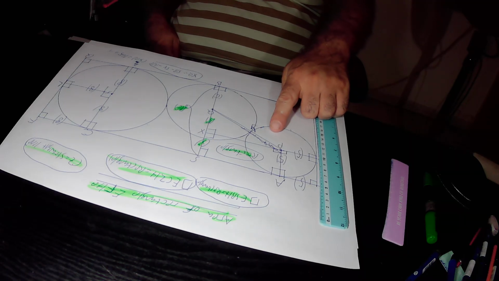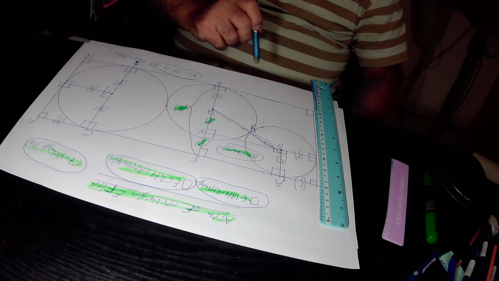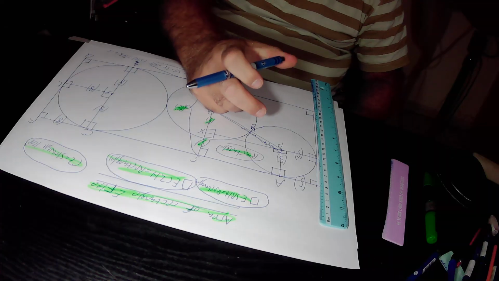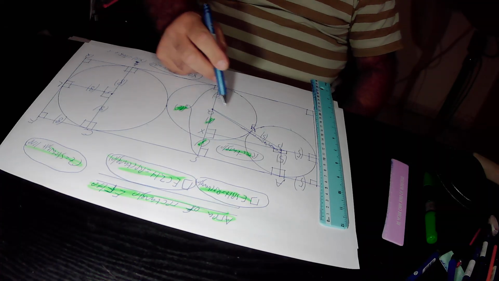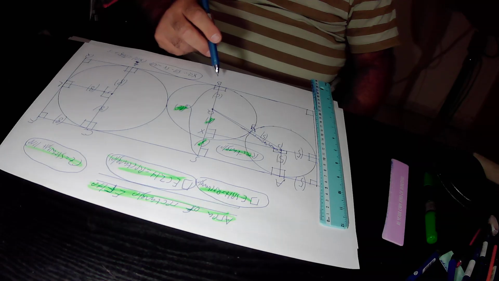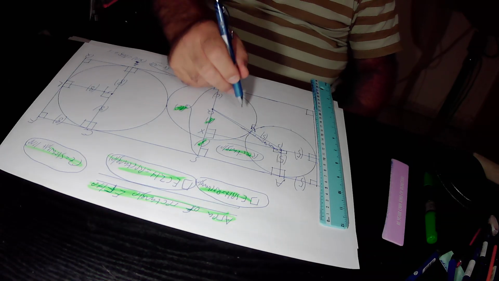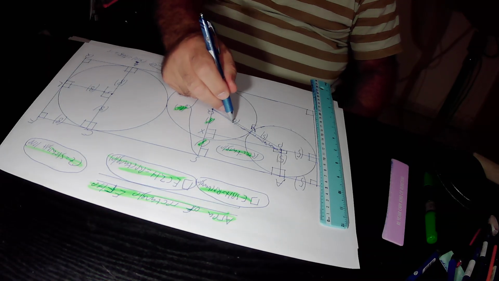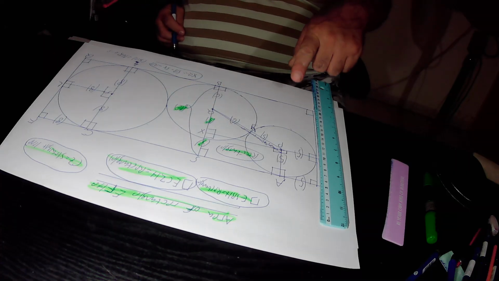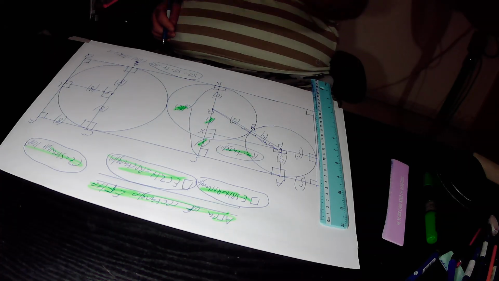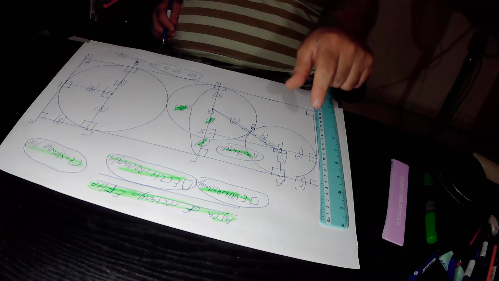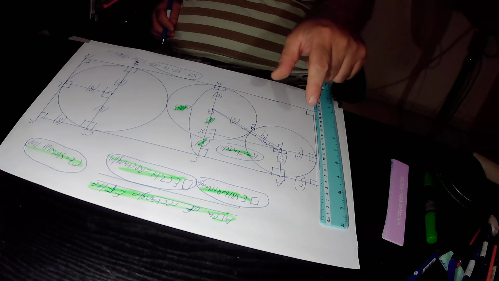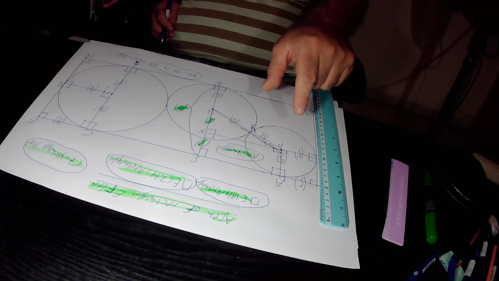PY is the radius of this small circle, that is equal to 5. QY is the radius of this medium circle, that is equal to 6. And because PYQ is one straight line, PQ must be equal to PY plus YQ.